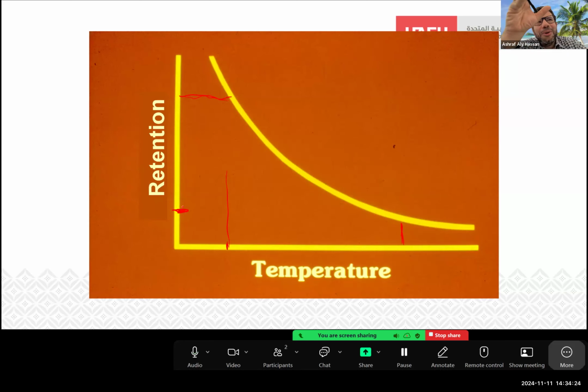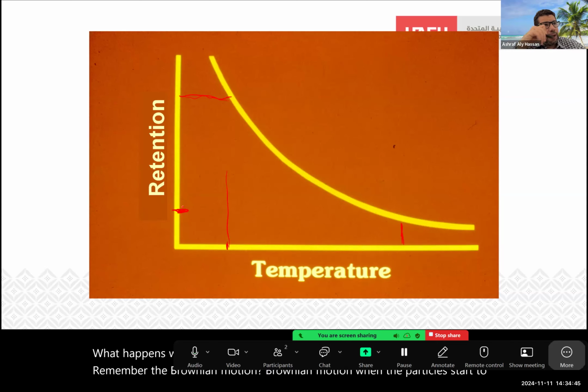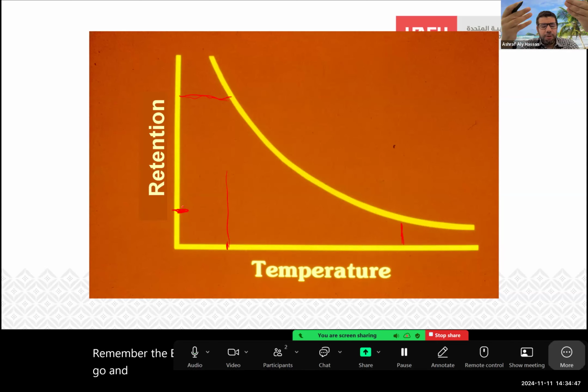Dissolves. You're getting close, but remember the one property I told you about physisorption: it is weak. What happens when you have high temperature? Remember the Brownian motion, when the particles transform energy into kinetic energy.